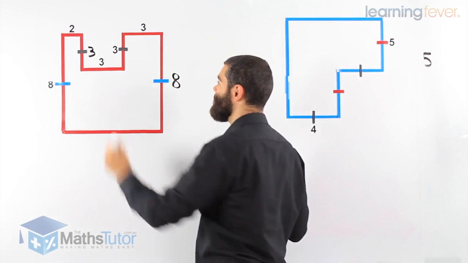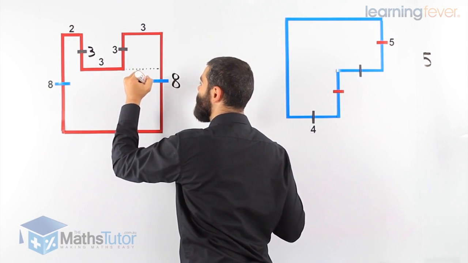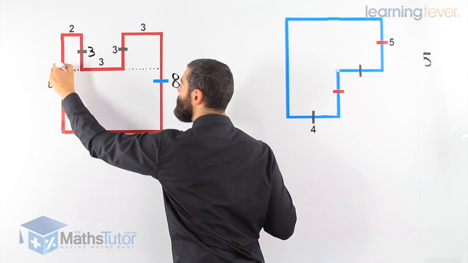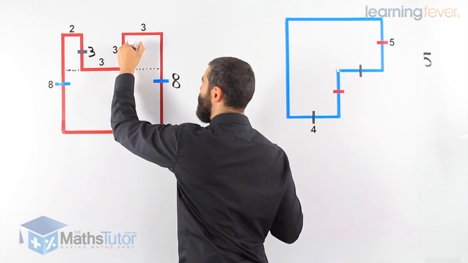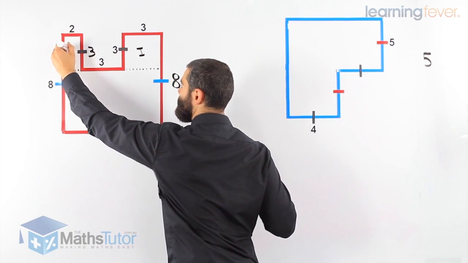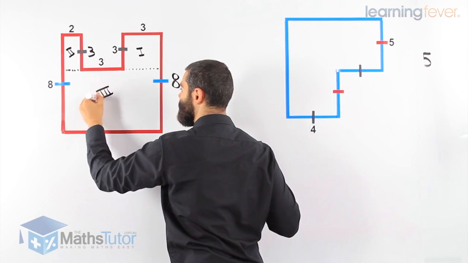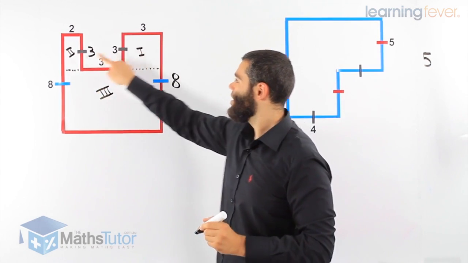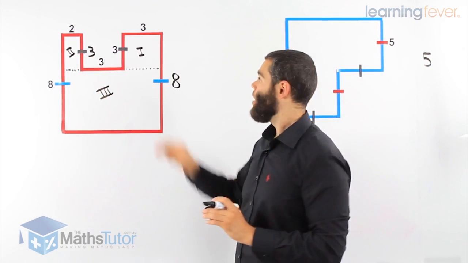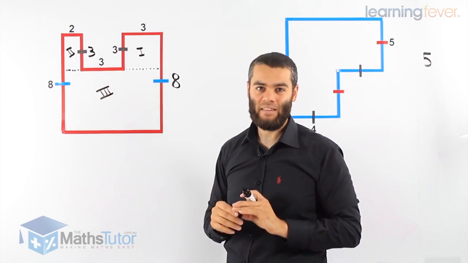I'm going to split it up that way and that way. So that means I have area 1, area 2, and area 3. I work out the area of each one, and at the end, simply add them up.